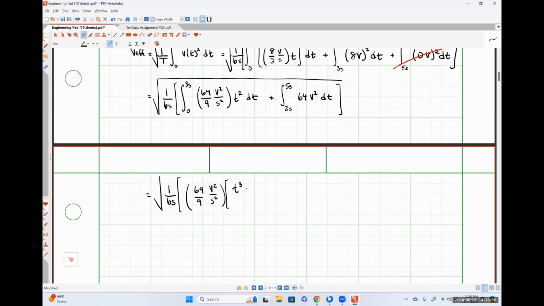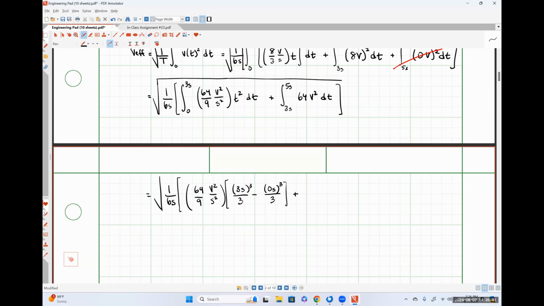So t cubed over 3. But now let's put the limits on that, right? So that's going to look like 3 seconds cubed over 3 minus 0 seconds cubed over 3.